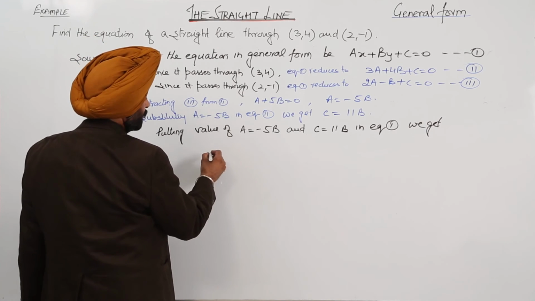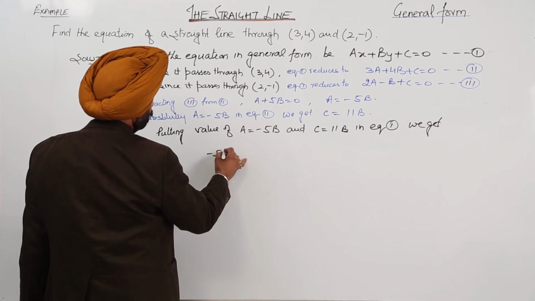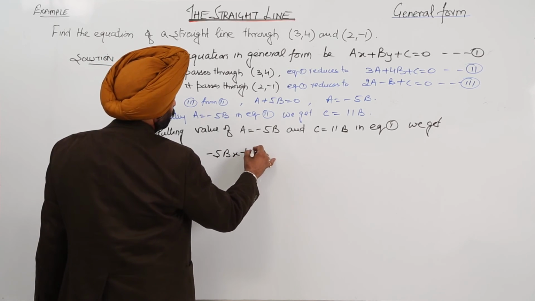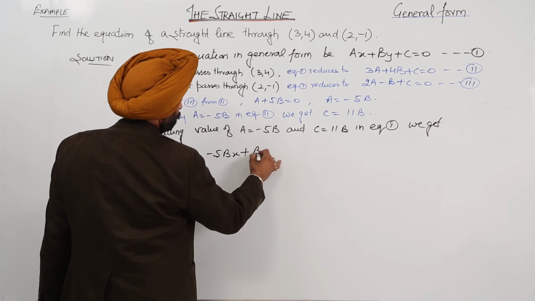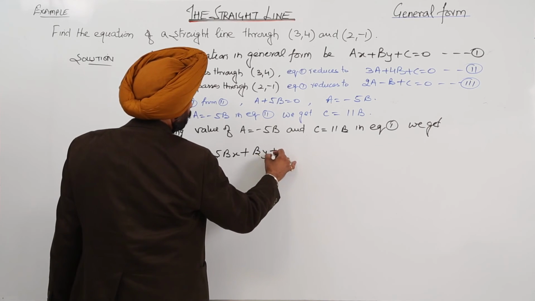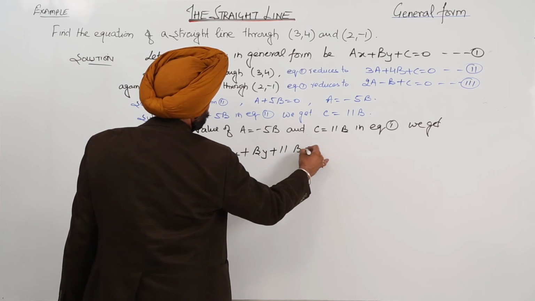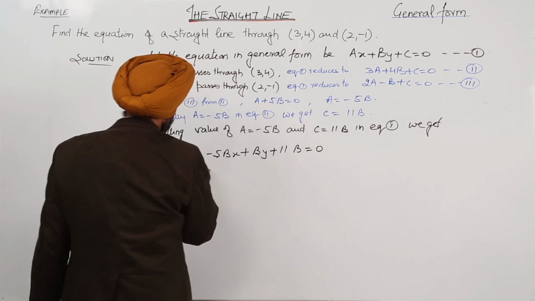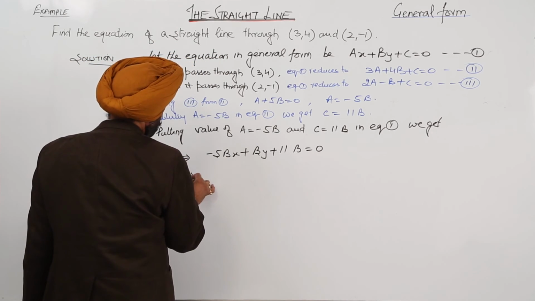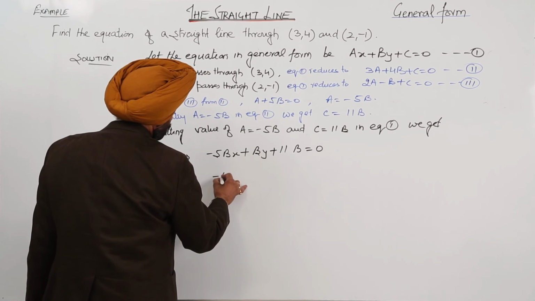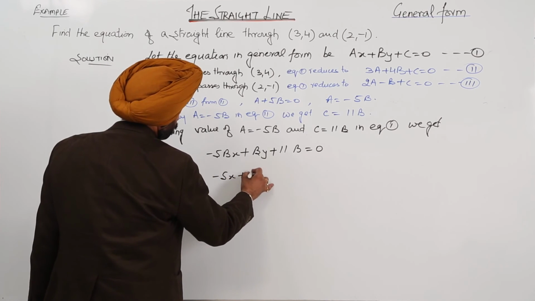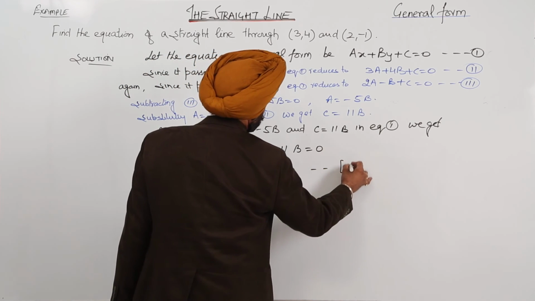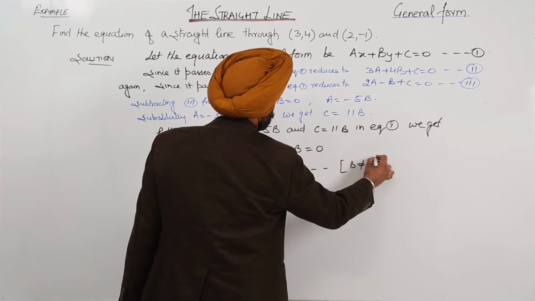Then what we are getting now? -5bx + by + 11b = 0. Or to this, now we can write it -5x + y + 11 = 0. We have taken b common, which is not equal to 0.